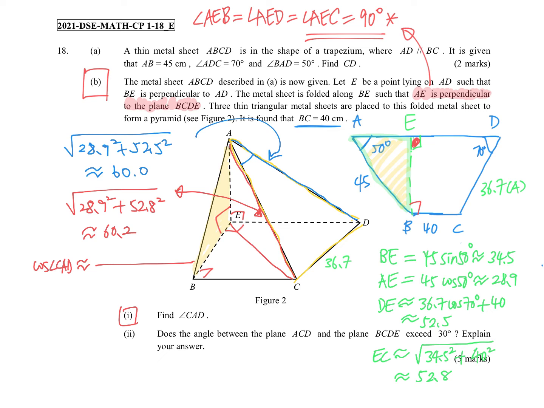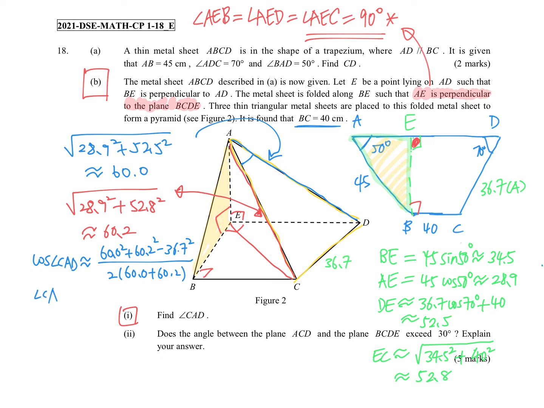So that would be 60.0 square, right? Just hold it then. So this one, cosine of angle CAD is a long fraction, actually not very long: 60.0 square plus 60.2 square minus 36.7 square over 2 times 60.0 times 60.2.